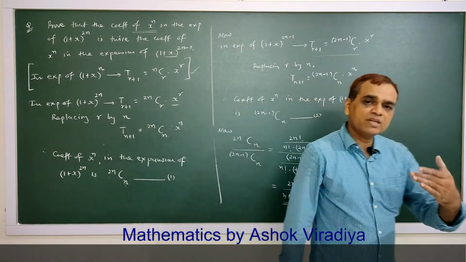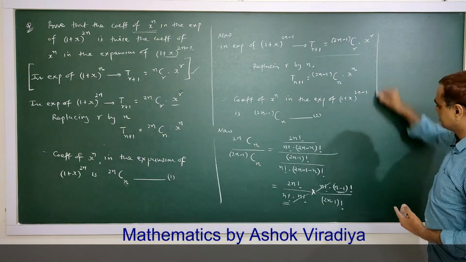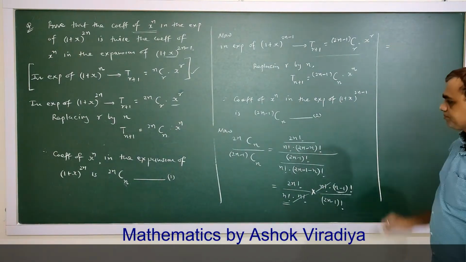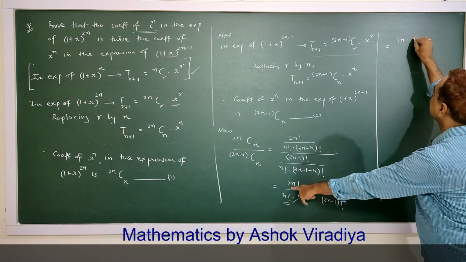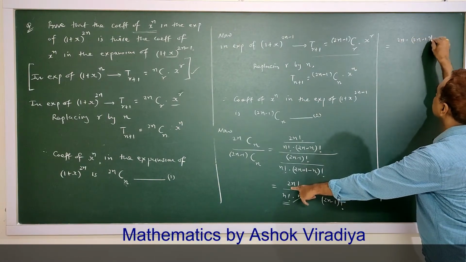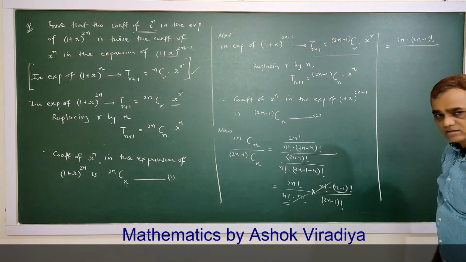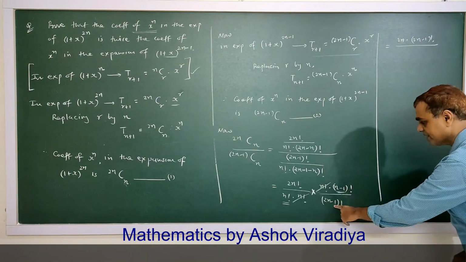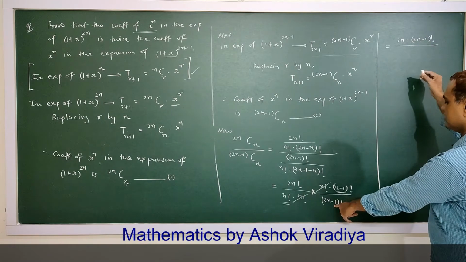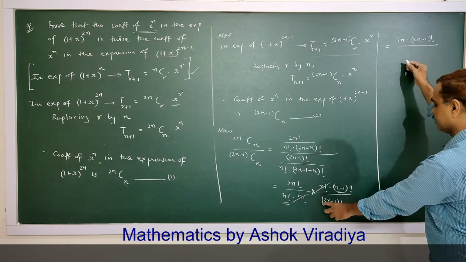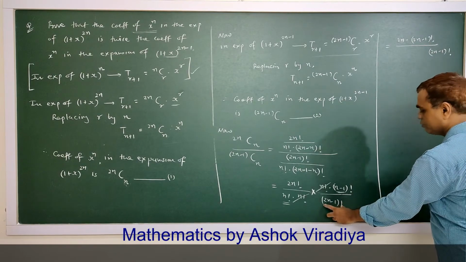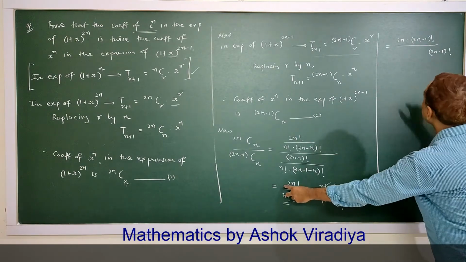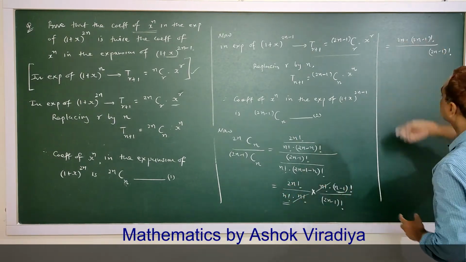So we convert the greater number into the smaller. 2n factorial we express as 2n into 2n minus 1 factorial, and this number I keep as it is, 2n minus 1 factorial.